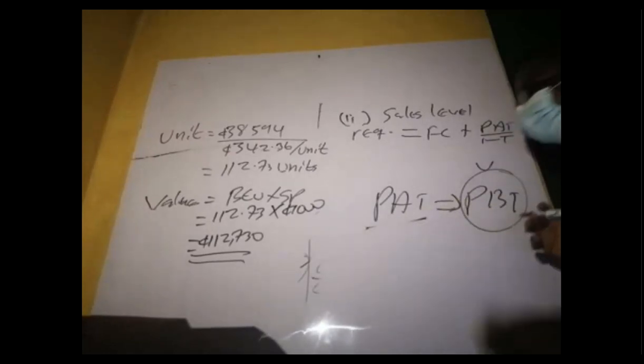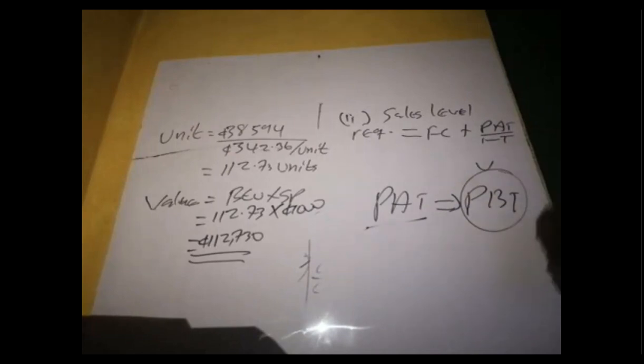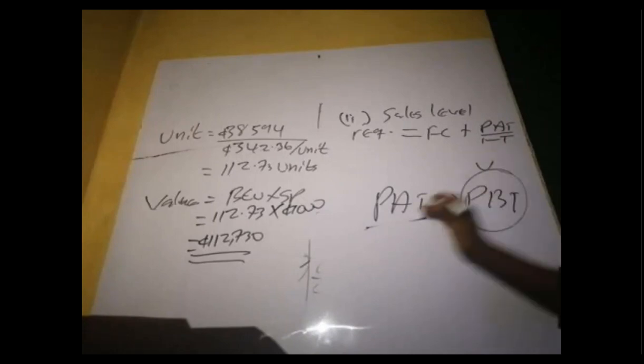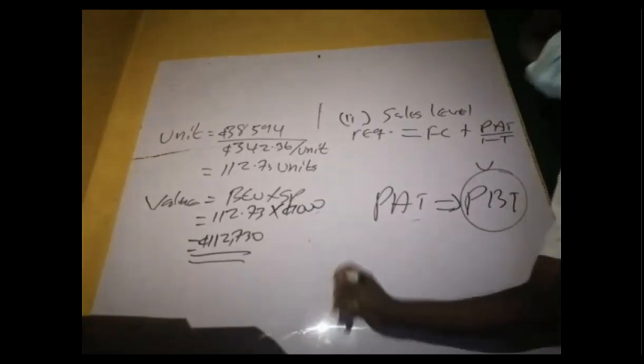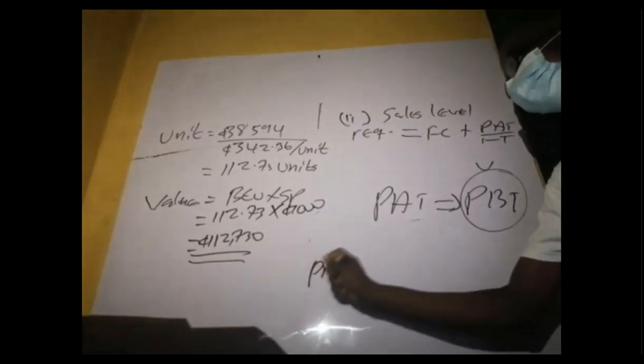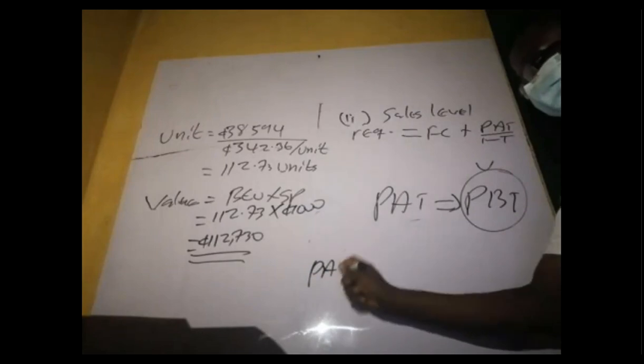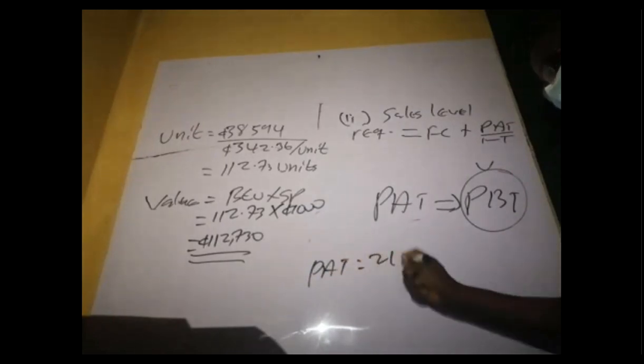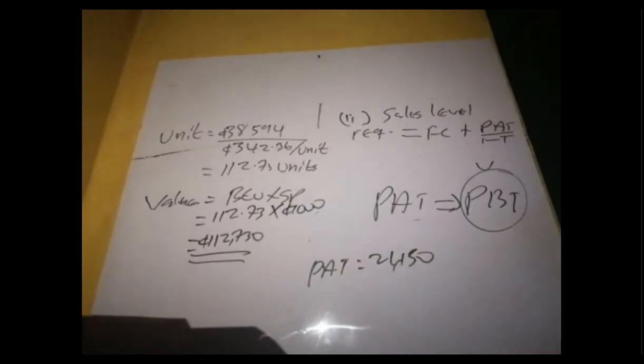What if they have given you the tax in monetary version? Like this, the profit after tax is equal to 21,150. Good.